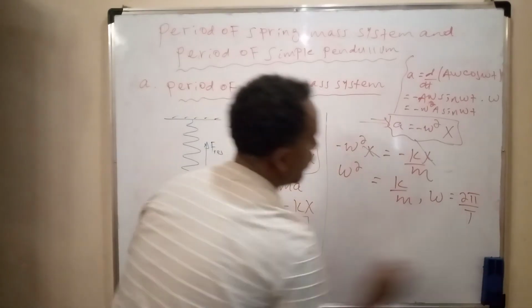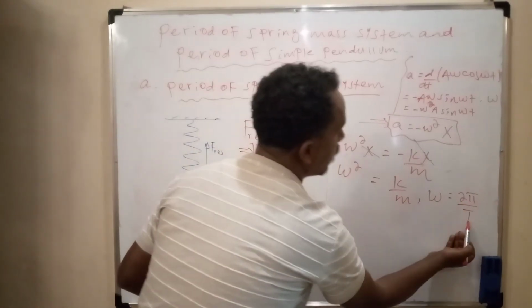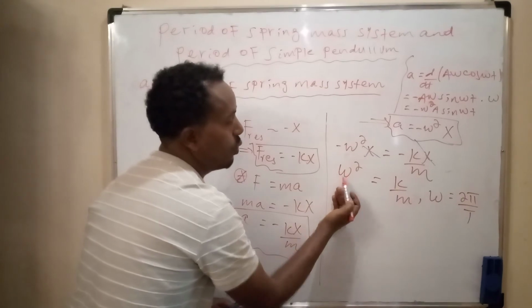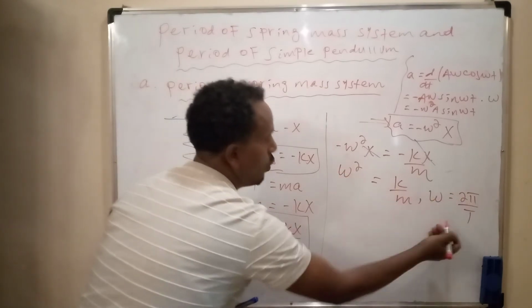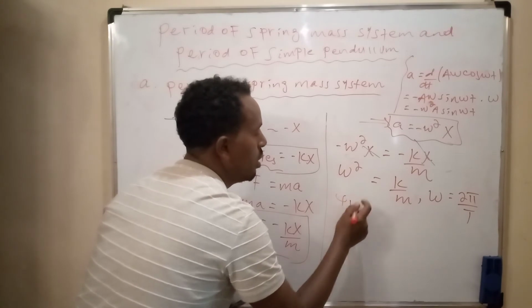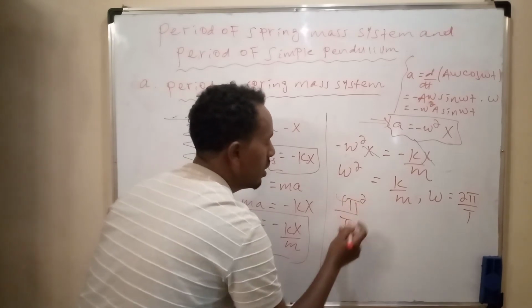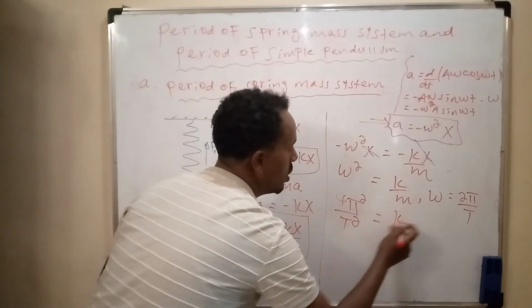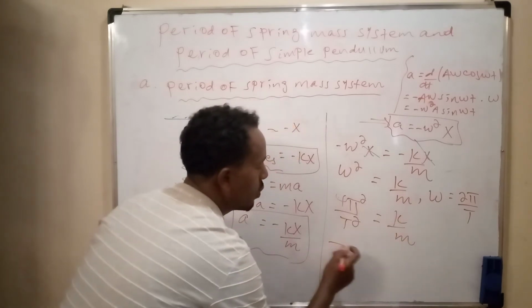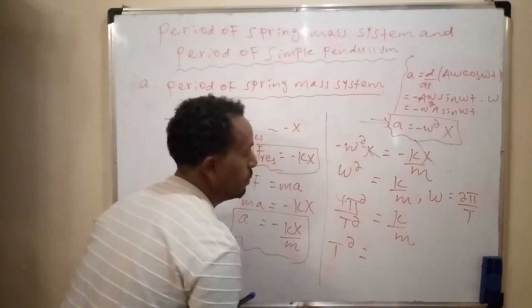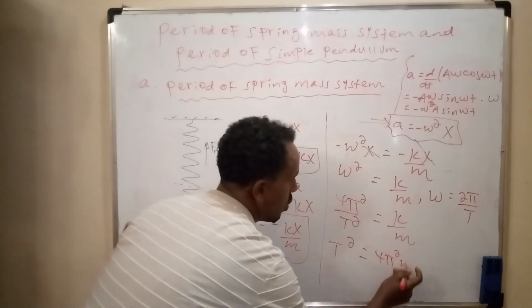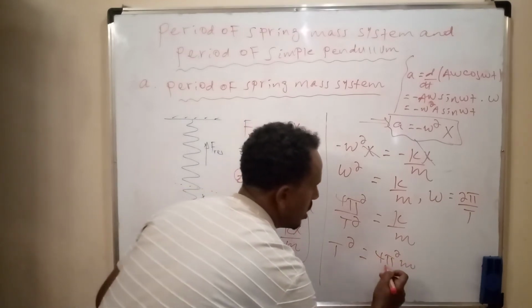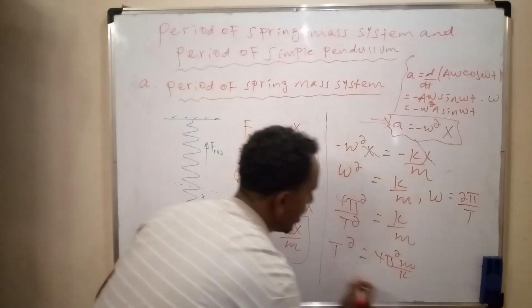Therefore, 2 pi over period can be substituted instead of omega. So 2 pi square over period square, meaning 4 pi square over period square, is equal to k over m. From this, by cross multiplication, period square is equal to 4 pi square times m over k.